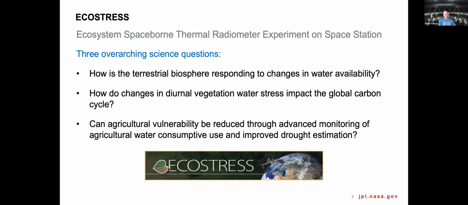We also want to understand changes in, once again, that diurnal cycle, the diurnal vegetation water stress, and how that impacts the global carbon cycle. And one of the last ones there is, of course, agriculture. We want to reduce vulnerability through advanced monitoring of agricultural water consumption and improved drought estimation. Those are some of the things we're going to be studying with this instrument.